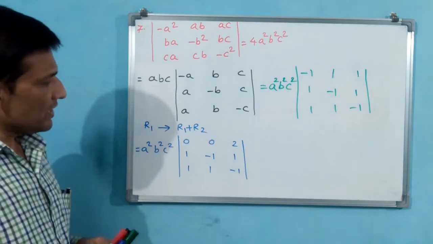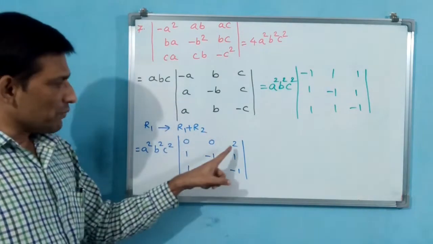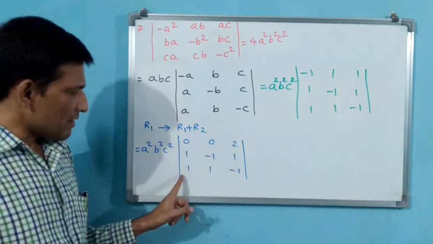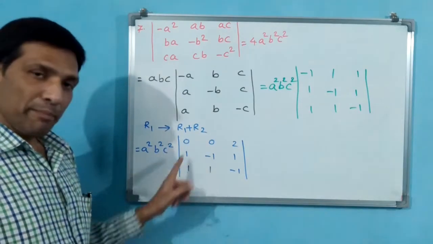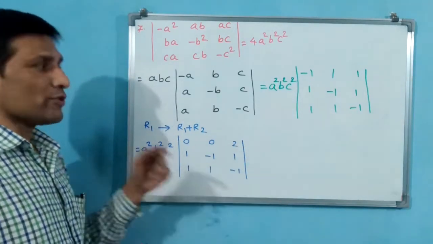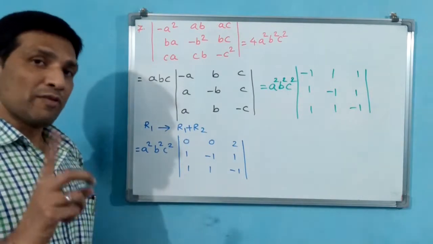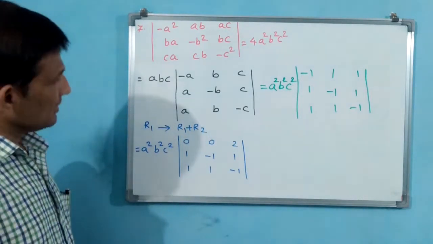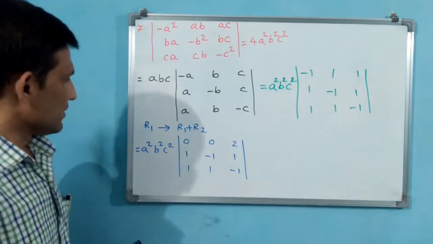Now you see, with a single step, 2 into the 1 minus of minus 1, that is 1 plus 1, 2, into 2, 4. 4 is going to come, 4 a square, b square, c square, with one step. This is not called expansion. Let us do it.